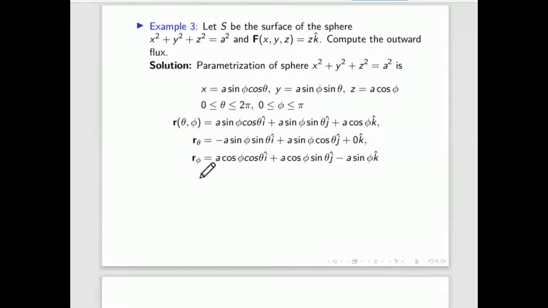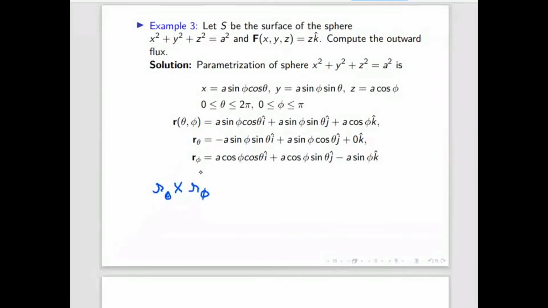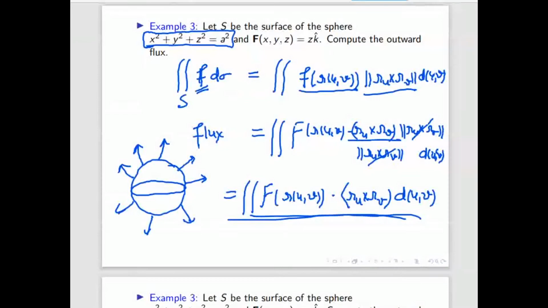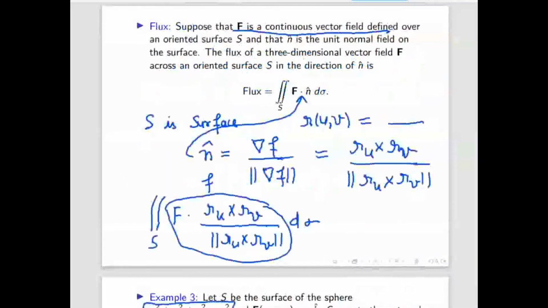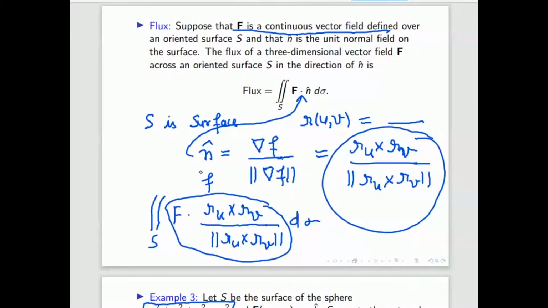This cross product will give the normal. This is the unit normal, but r u cross r v is the normal. If divided by its norm, it becomes the unit normal. So it will give the normal direction. We have to see this because in this question it is given outward flux. That means we have to see whether this normal direction is outside or not. That is the only thing you have to take care of in this.